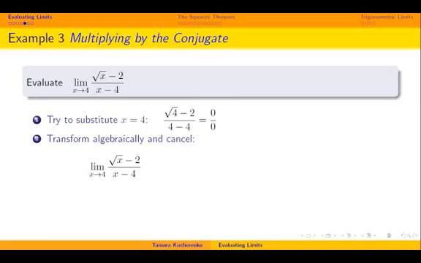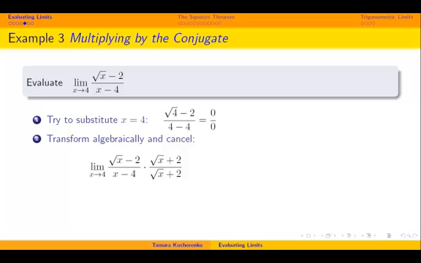The conjugate of square root of x minus 2 is square root of x plus 2. So we multiply the numerator and the denominator by square root of x plus 2.